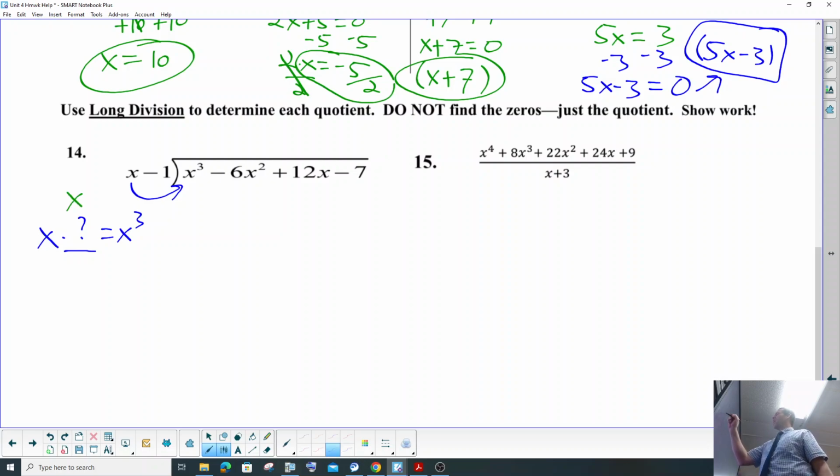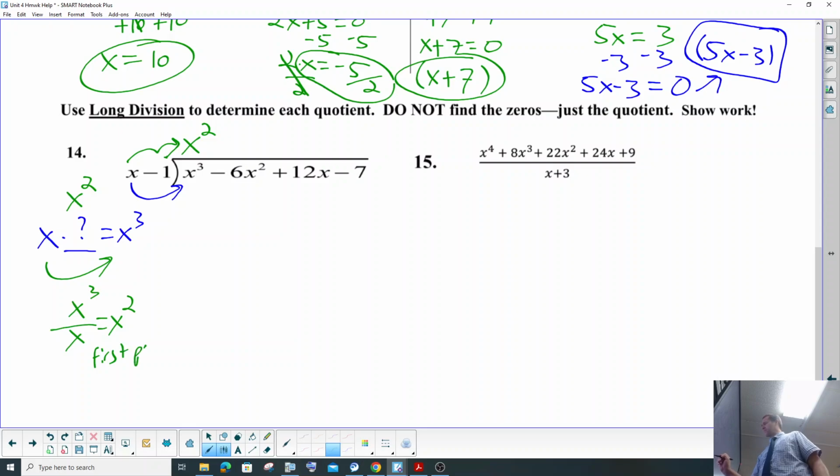If you weren't sure, you can just take x cubed and divide it by x, and that would give you the first part of our answer. And that's the multiplier. So x times x squared is x cubed. Good. We wanted those to match up.